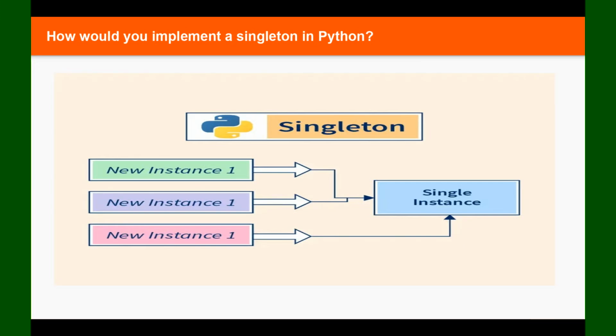So when we code, it will have only one instance when it is executed. There are several ways to implement a singleton, each with its own trade-offs. We can use metaclasses, dictionaries, decorators, or class variables to implement this singleton.